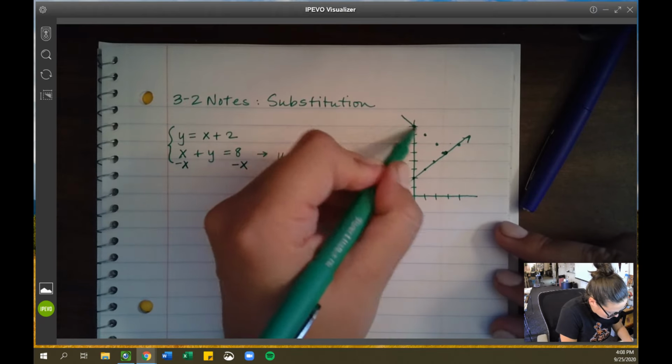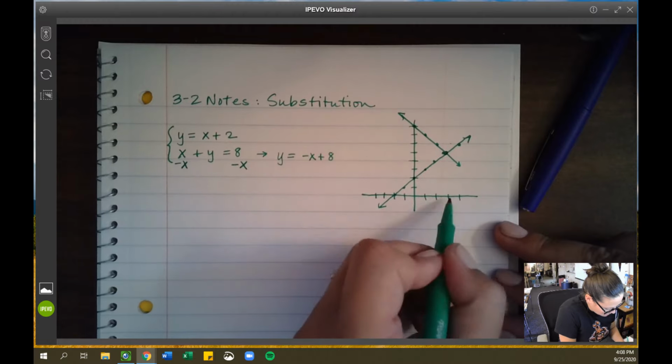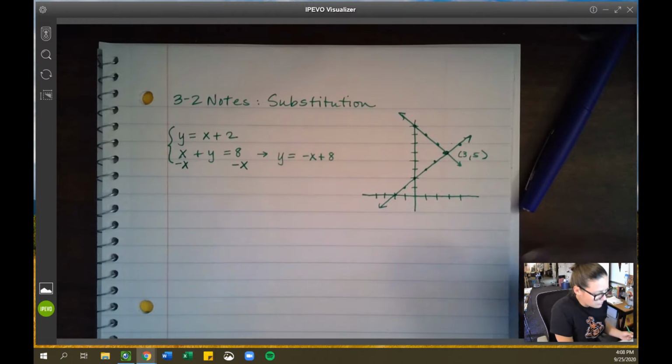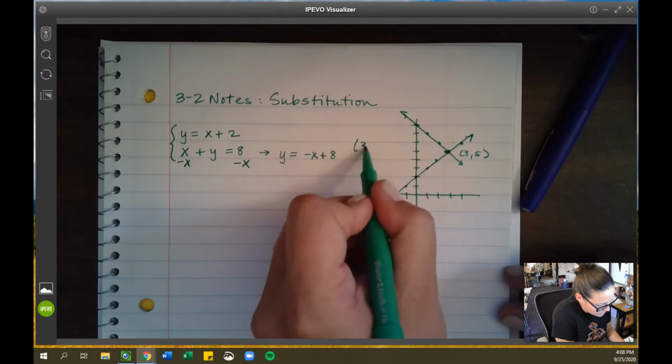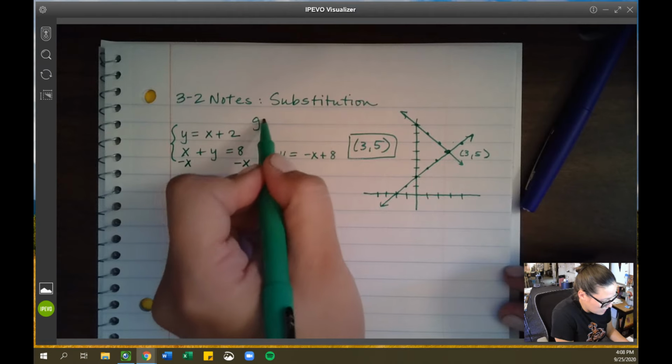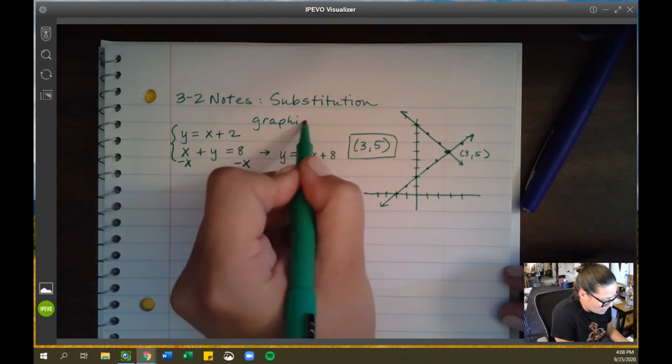There we go. And then we find the point where they intersect, and that is 3, 5. So my answer is 3, 5, right? This is the graphing method. We've done this one already, okay?